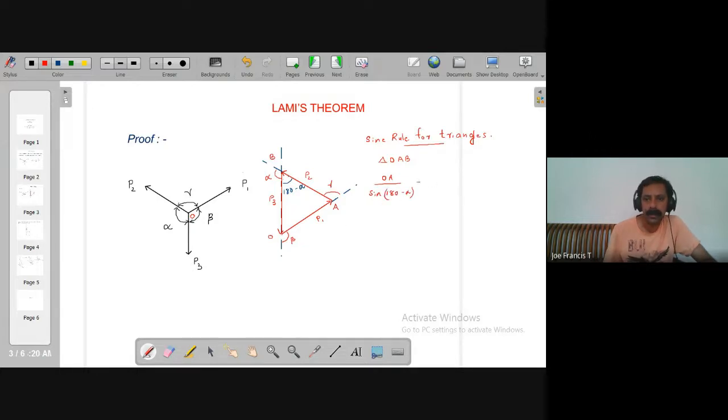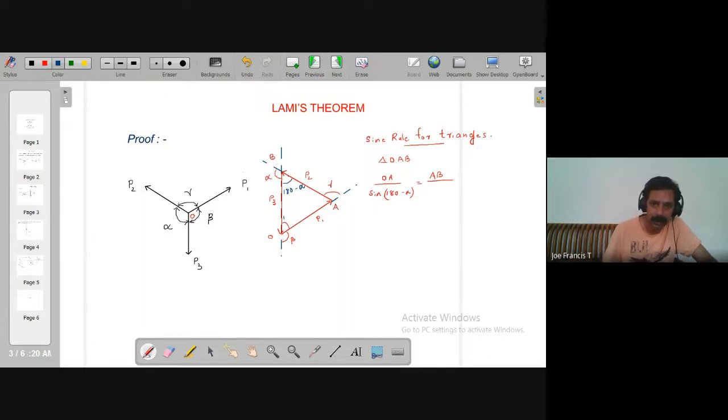Similarly, consider the other side AB. AB should be proportional to the sine of the angle between P1 and P3. So that angle here is definitely 180 minus beta, right? This angle is always 180 minus beta.